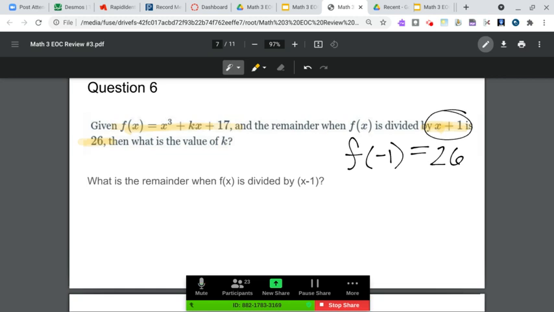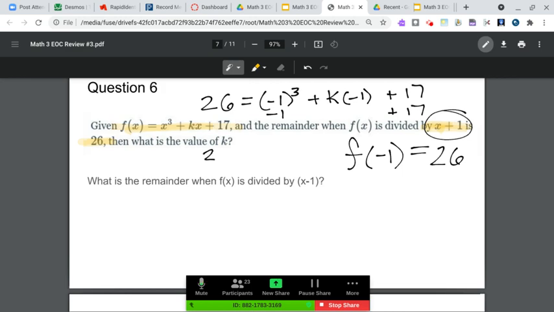So the first thing we're going to do is find k. We're going to say 26 equals negative 1 cubed plus k times negative 1 plus 17. Negative 1 cubed is negative 1. Negative 1 plus 17 is 16.